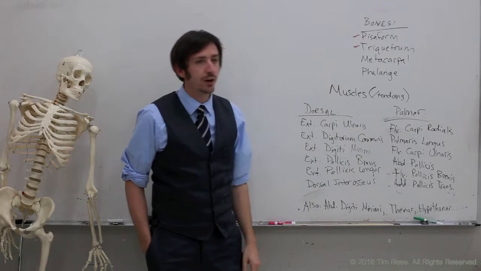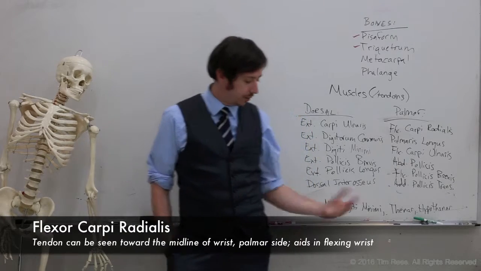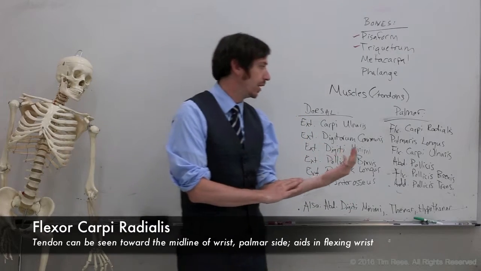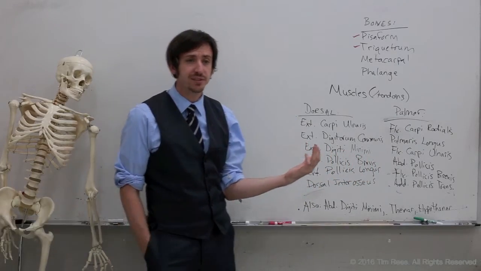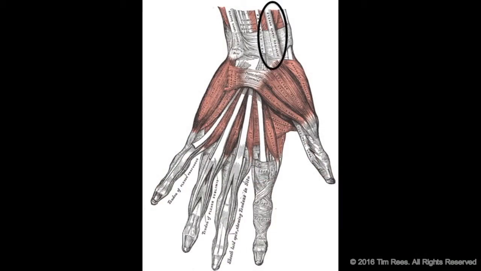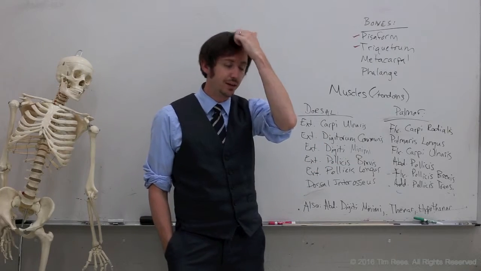First, flexor carpi radialis. Flexor should indicate that it's on the palmar side. Carpi indicates that it's responsible for flexing the wrist. Radialis should indicate that it's on the radius side of the wrist, so closer to the thumb side of the wrist.